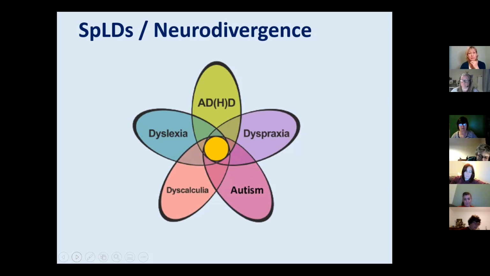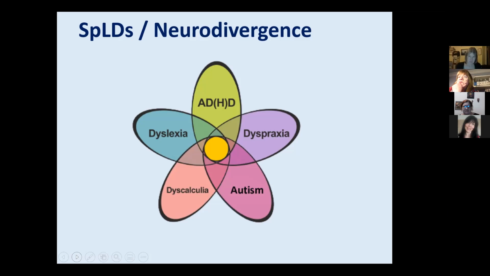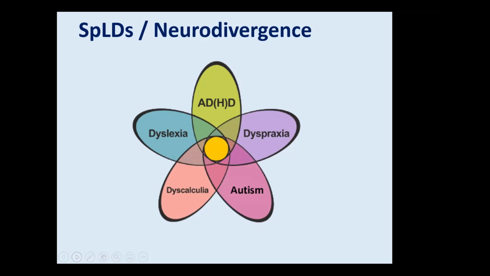So the term neurodivergence is quite useful, I think. It reminds us it's about the neurodiversity of the human population. We're all wired slightly differently, but there are some people who are more different, shall we say, and we could call that neurodivergence. It's a term that's been applied mostly to autistic people, but I think it applies to everybody who's on this diagram here.